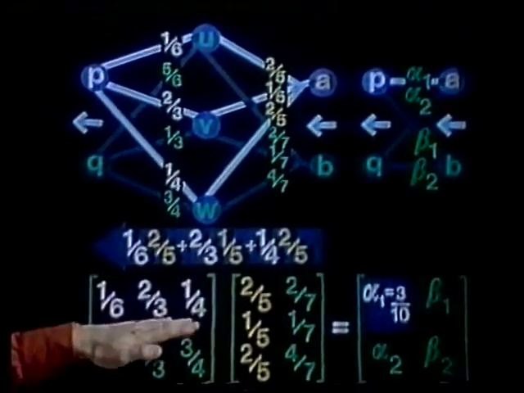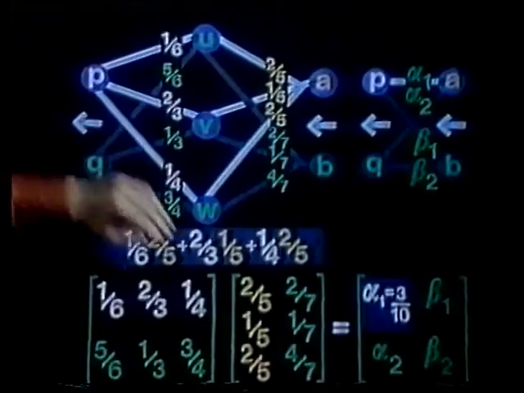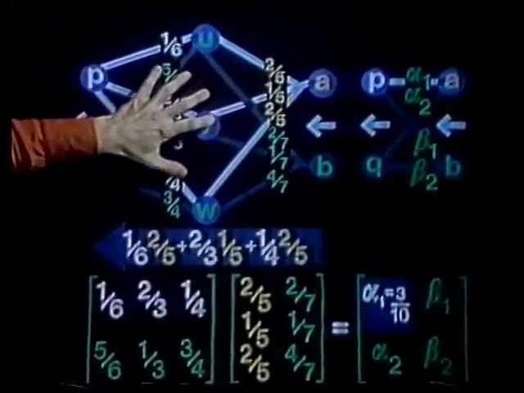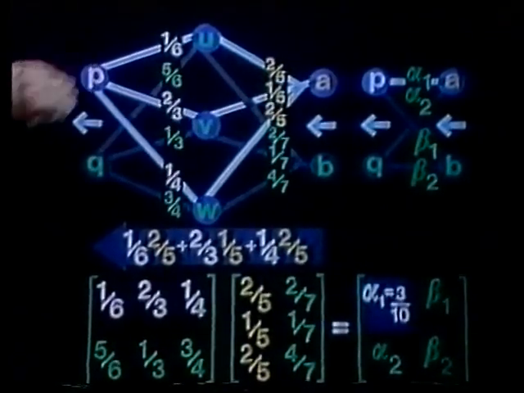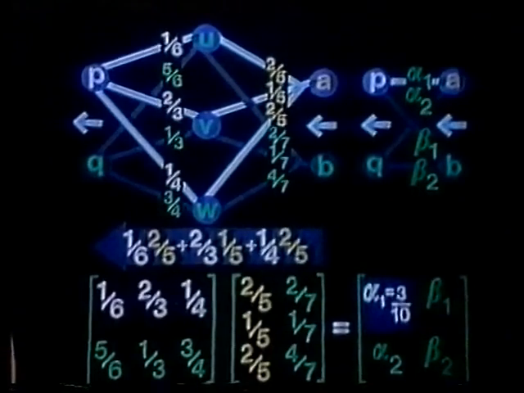And the reason is that this row represents flows towards P, and this column flows away from A. And the reason it all works is that network arithmetic in that diamond is the same thing as row acting on column. And that works, of course, for the other alpha and for the betas. Let's look at beta 1.